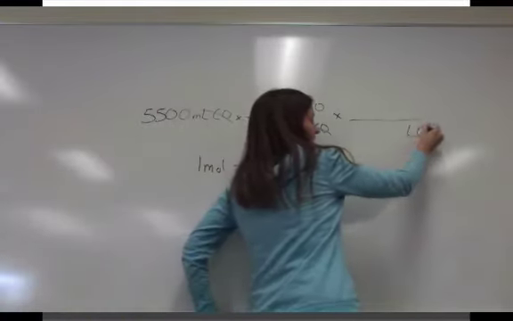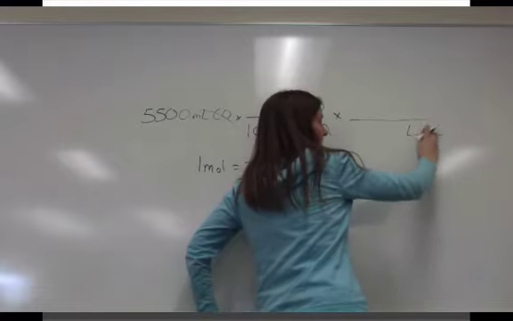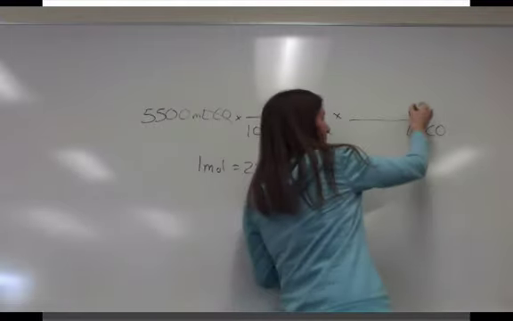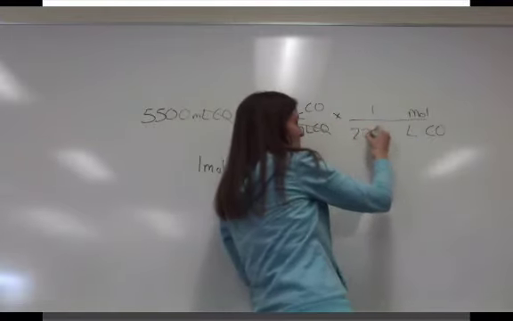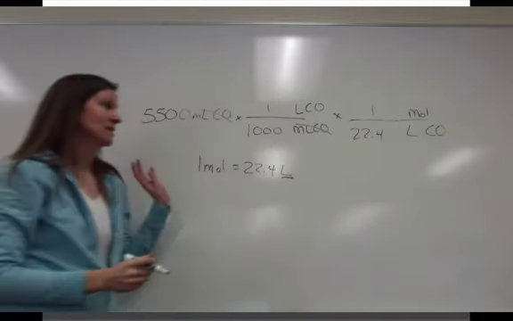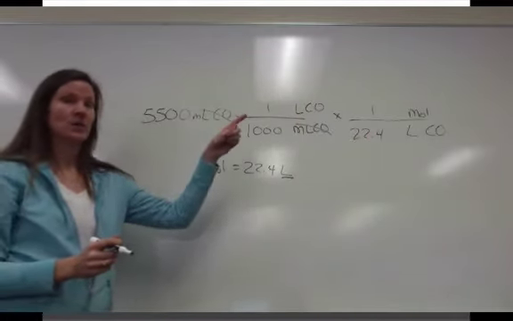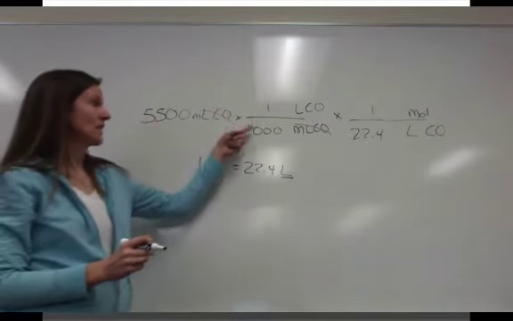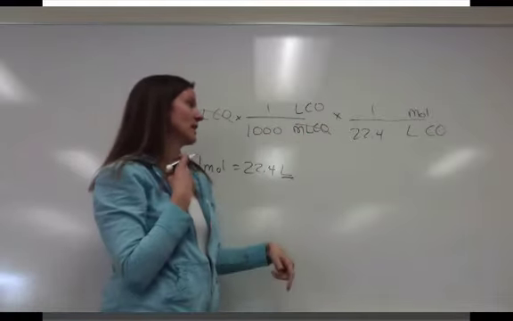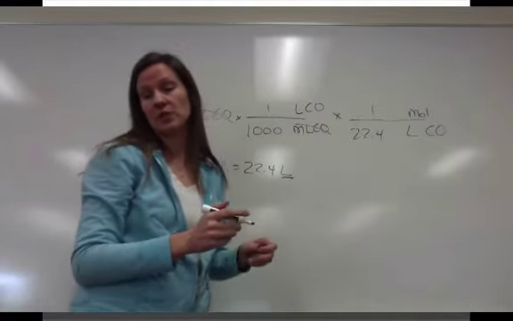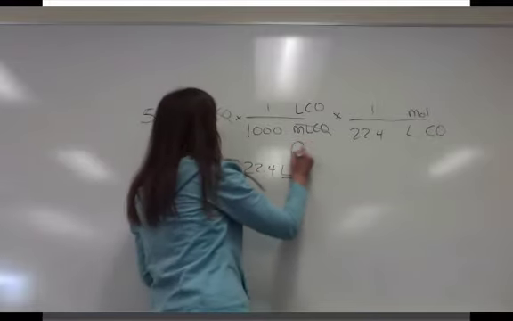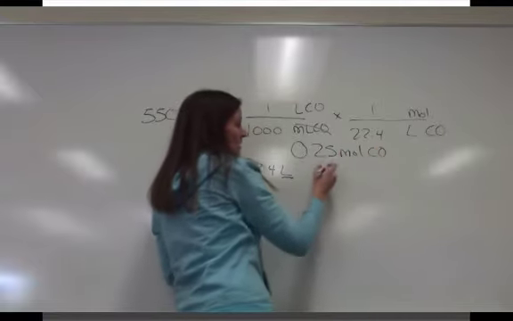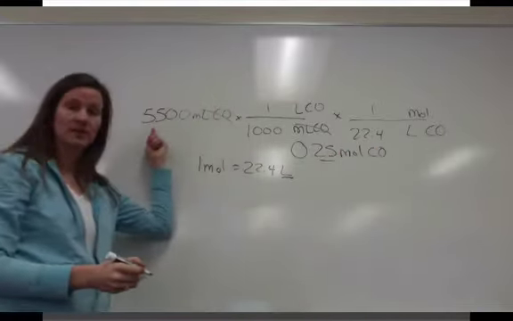Now I have liters of carbon monoxide coming down, and I have mole on top. For every 1 mole, I have 22.4 liters. Now I have my answer, my final unit. You're going to multiply this through. 5,500 times 1 divided by 1,000 times 1 divided by 22.4. It should get you a final answer of 0.25 moles of CO, 2 sig figs, 2 sig figs.